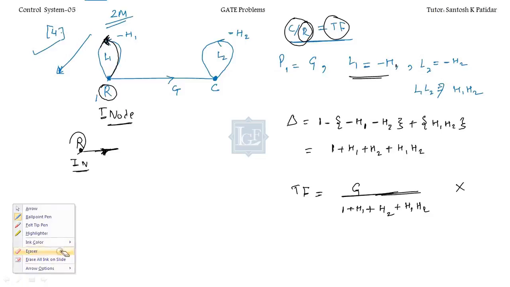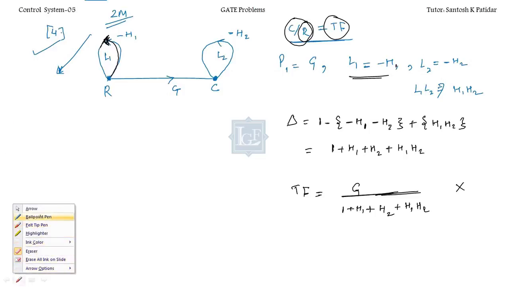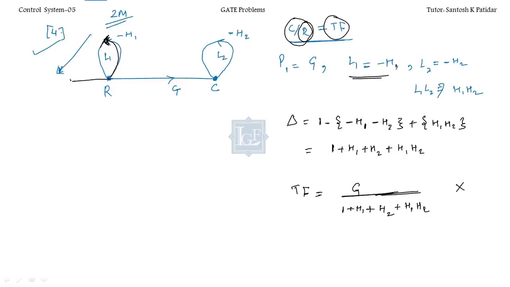There are 2 ways I can solve this problem. Let me erase some part, then I'll show you. The first one: consider one more node, let's take it U. Here this is 1.